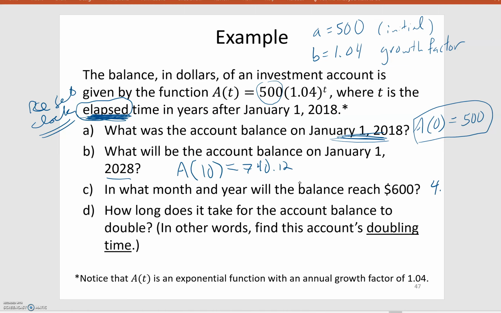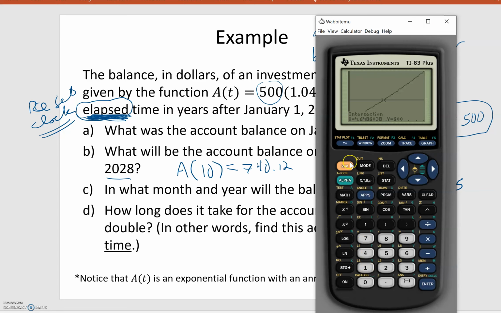So the raw amount of elapsed time is 4.65, but remember that we want the month and the year. So the year is going to be 2022 because I started in 2018 plus 4, so that's 2022. And then 0.65 to determine what month that would be.